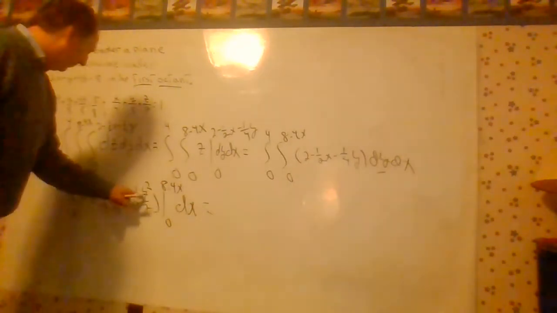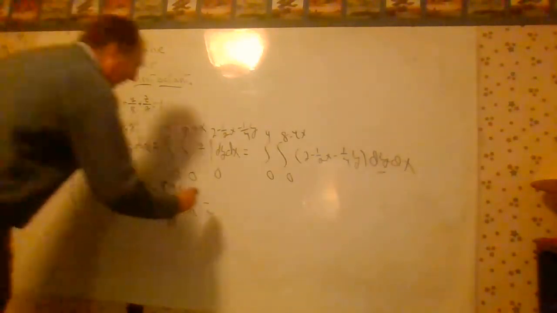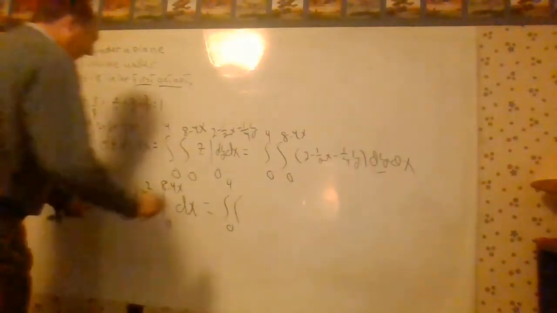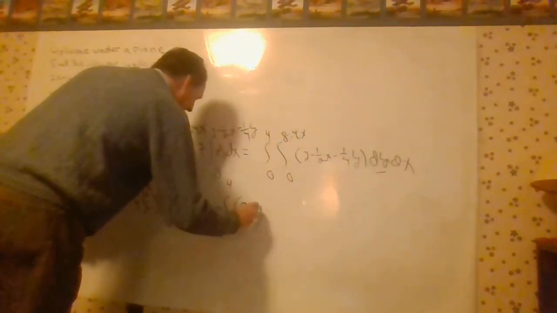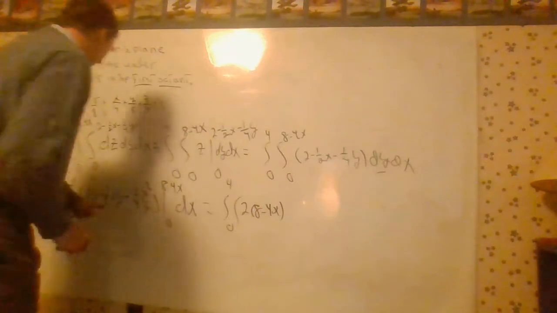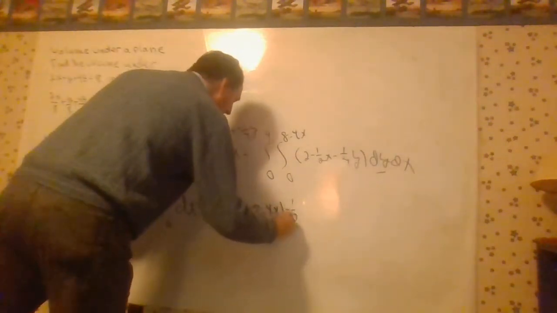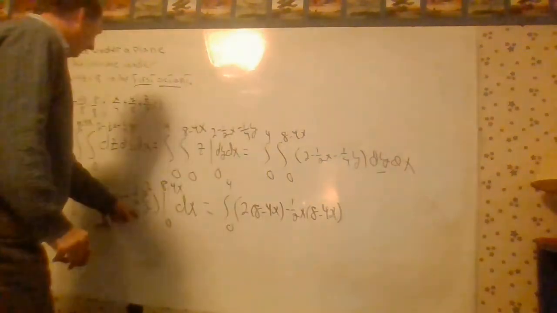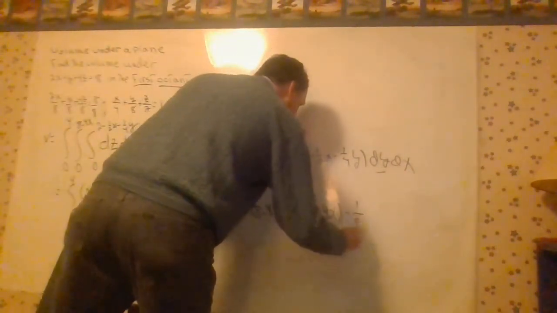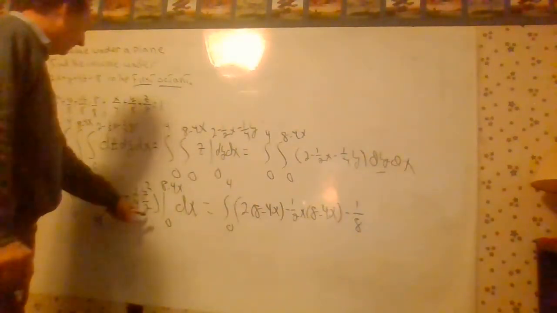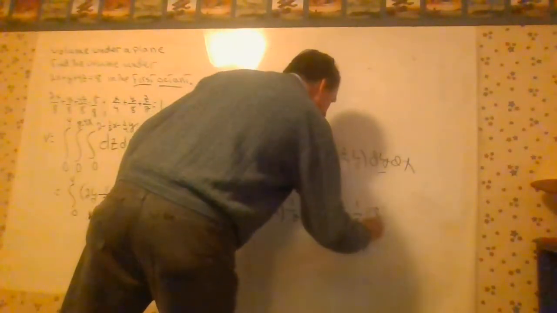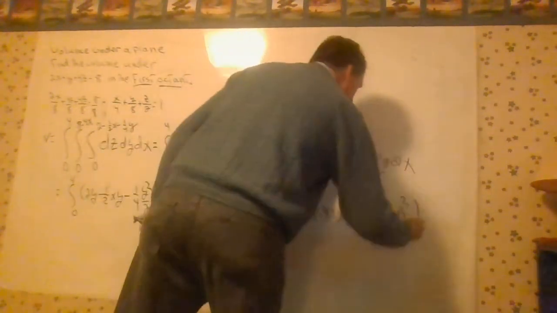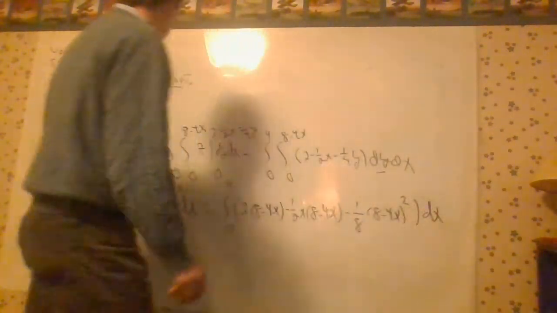Now this has to be substituted wherever there's a y, so we have integral 0 to 4, 2 times 8 minus 4x minus 1/8, a quarter of a half is an eighth, dx.